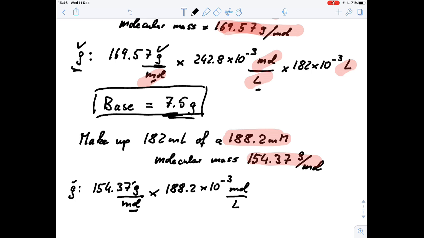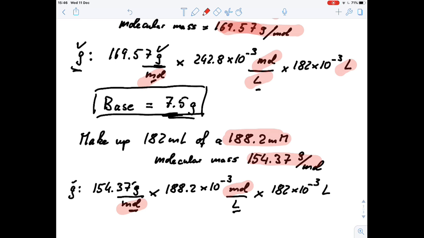So I cancel out the mole. All I need to do is now get rid of the liter, and I had this with 182 times 10 to the minus 3 liter.